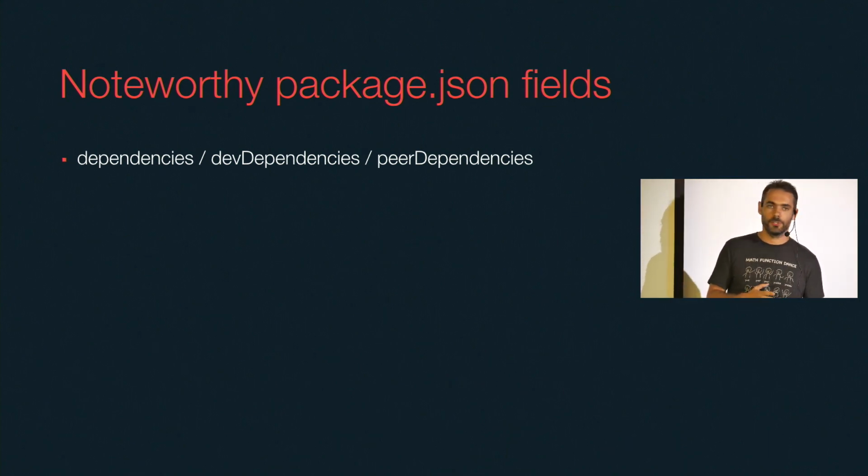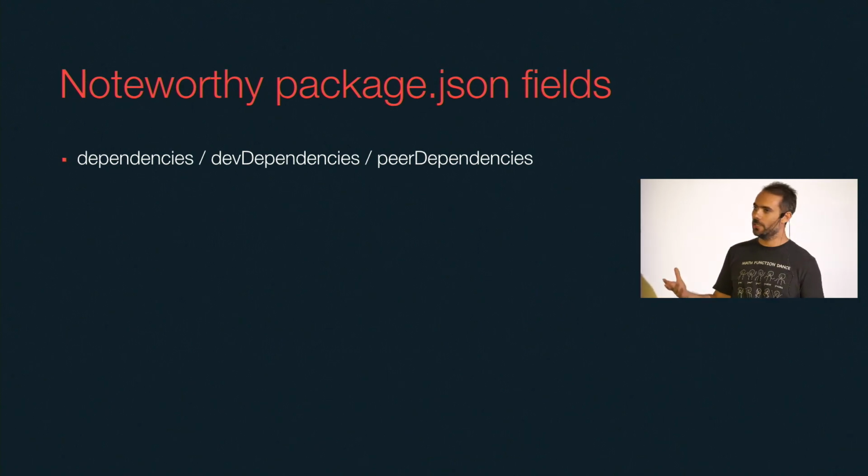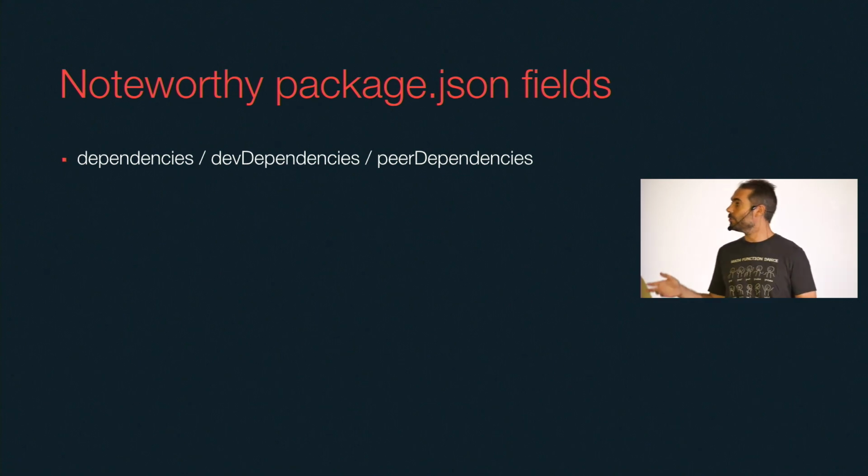Peer dependencies is for specifying dependencies which your module is not responsible for bringing. A good example for that is any React Native third-party module. Let's say you develop a calendar component. You have to consume React and React Native, right? So you should import them. You should require them in your code, but you don't bring them. Why not?